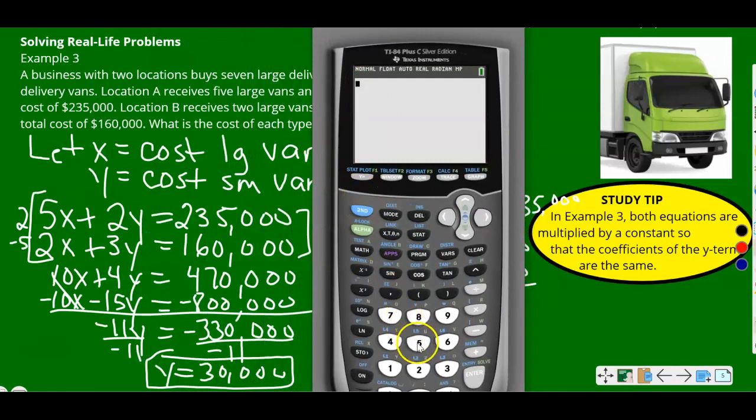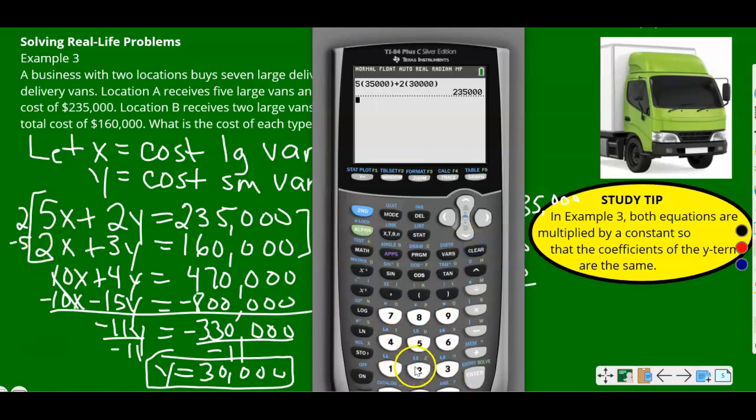So we have 5 times x, which is $35,000, plus 2 times $30,000, and if this is right, this should be 235,000. That's what we get.